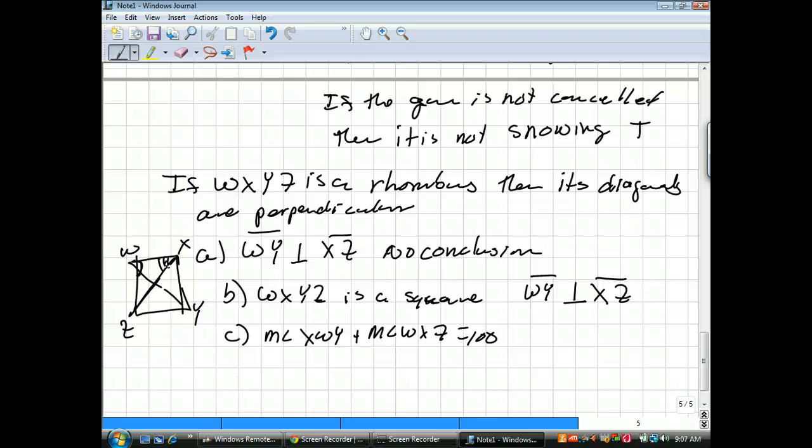Then we can conclude that WXYZ is not a rhombus.